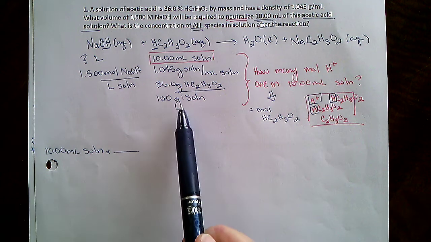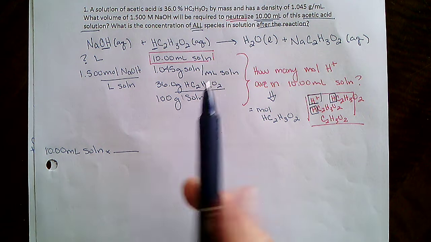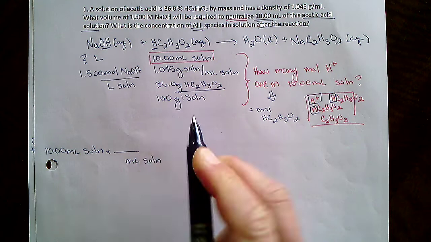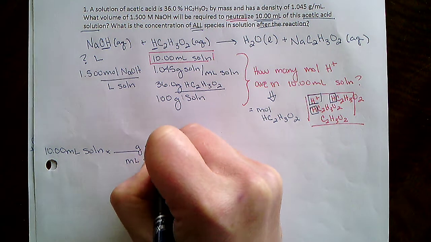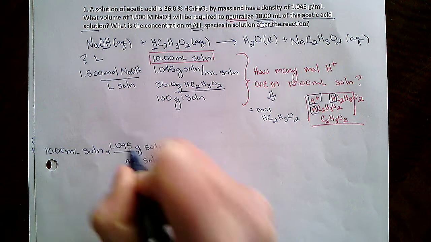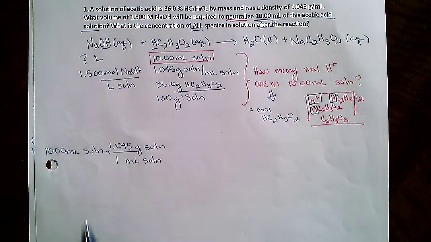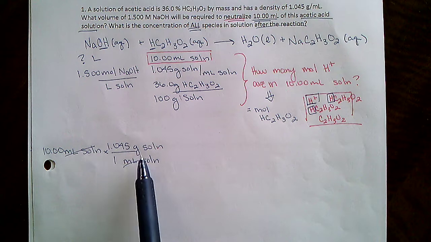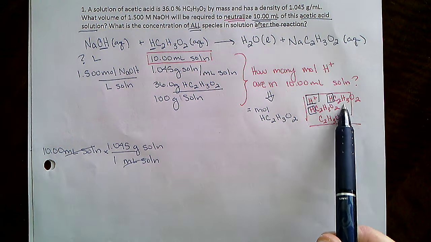What is the only conversion factor that has that? The density. So I want to cancel out milliliters of solution, and that's going to take me to grams of solution. So there's 1.045 grams of solution for every 1 milliliter of solution that you have.